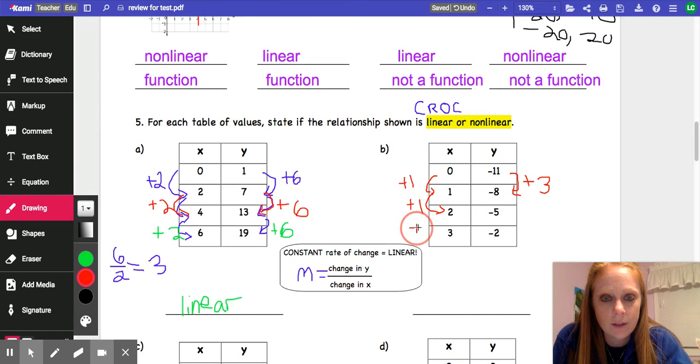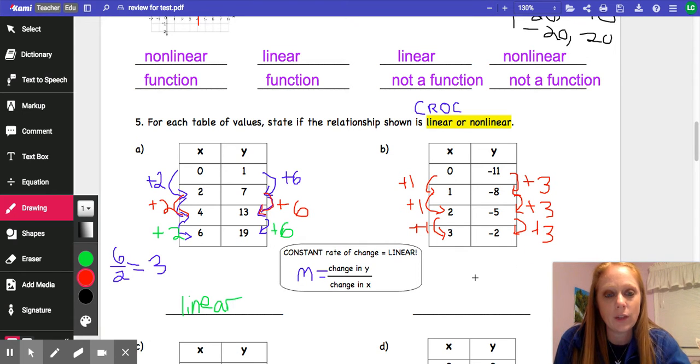So let's just fill that in. Our y's, let's see, -8 plus 3 is going to give me -5. Awesome. And -5 plus 3 is going to give me -2. So our slope, or our rate of change, is 3 over 1 the entire time. So that means this is linear.